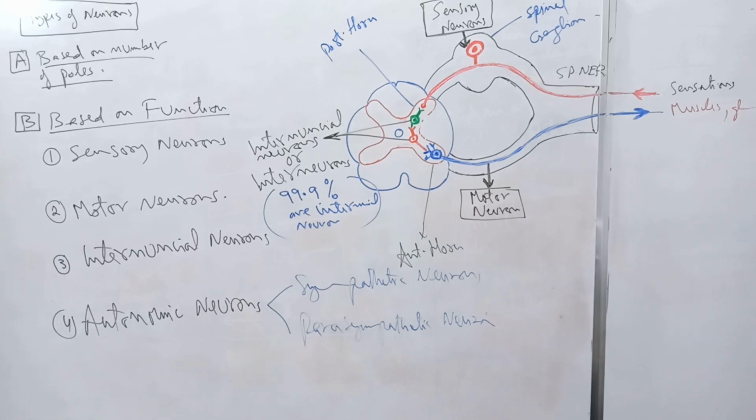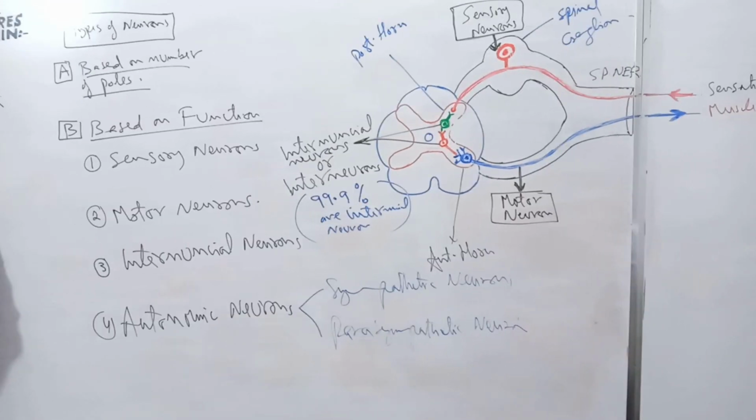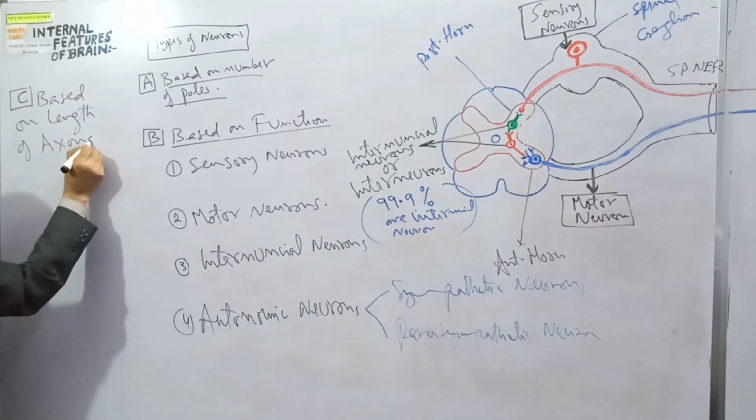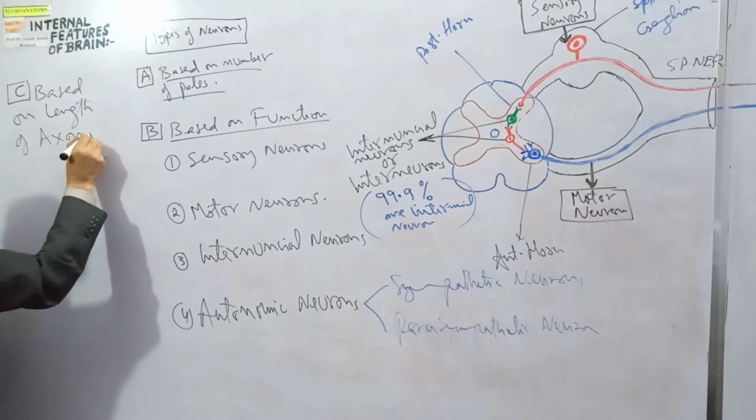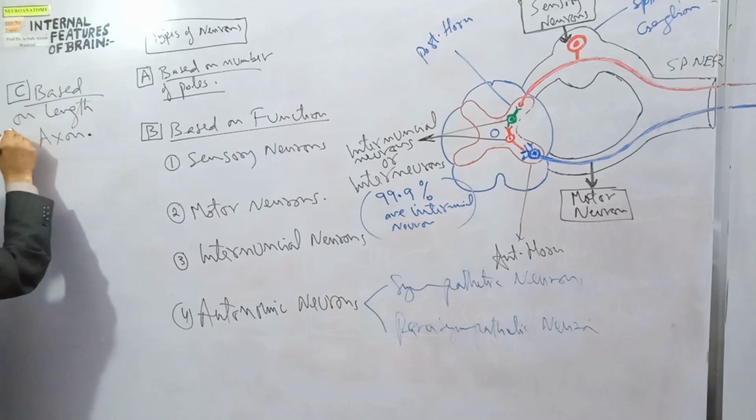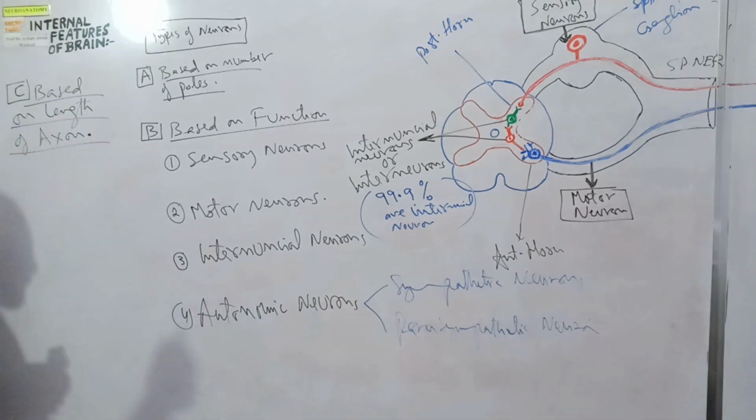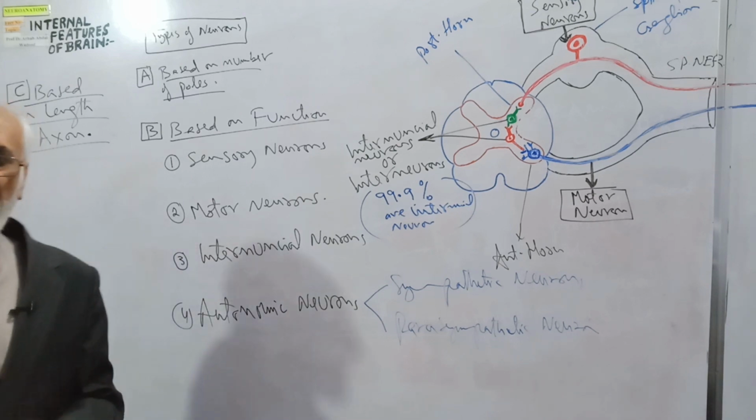What are the types of neurons based on length of axon? Not length of whole neuron, only axon.